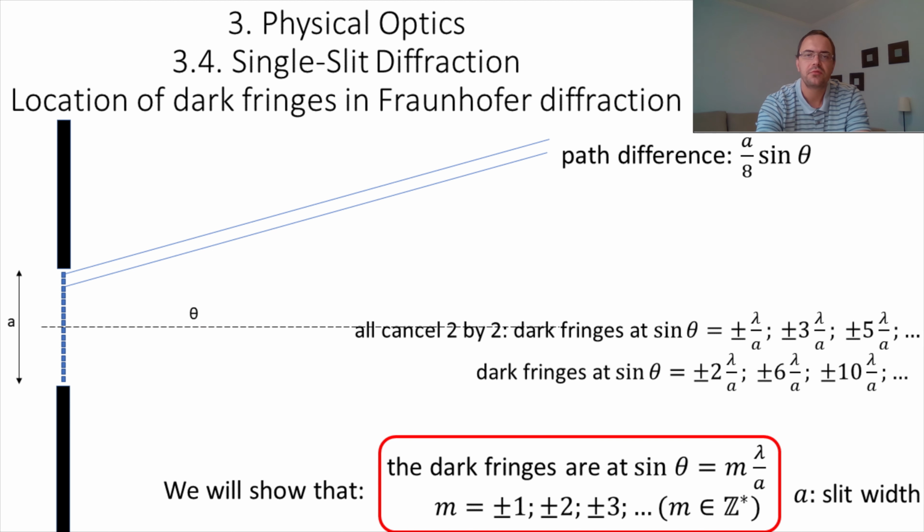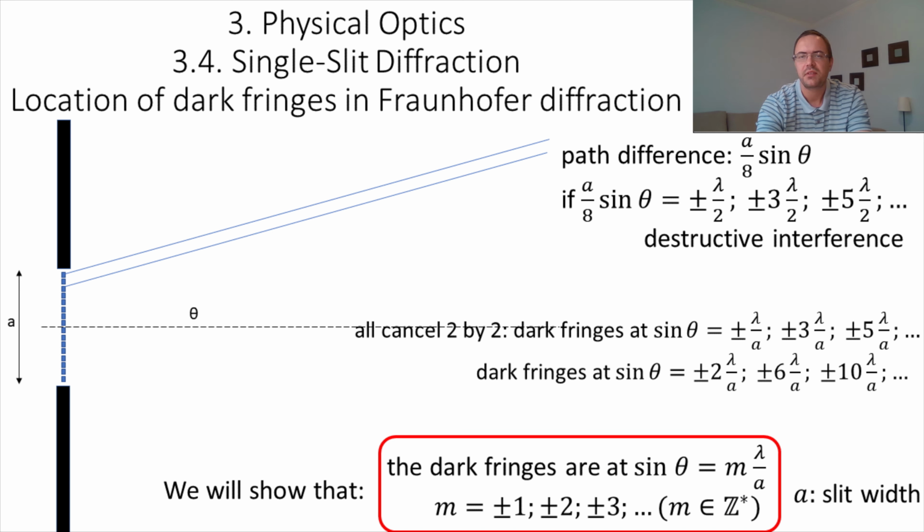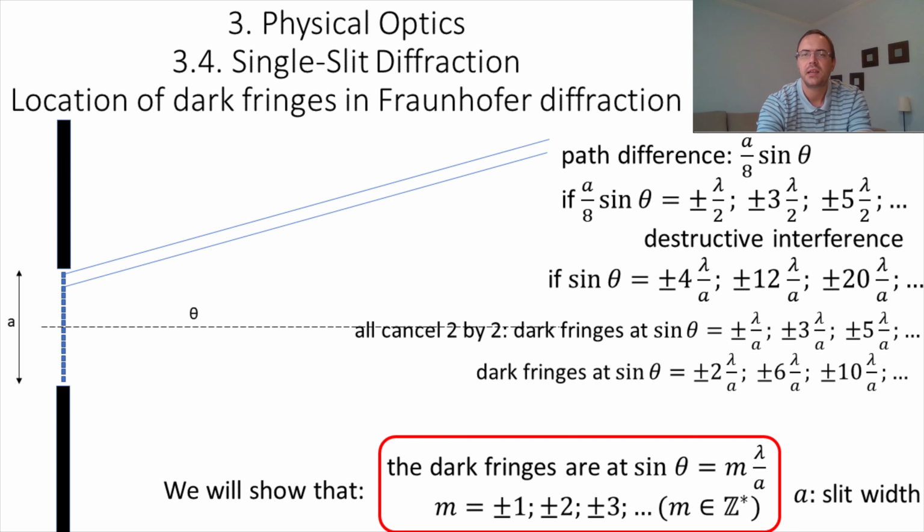Right? But we can continue dividing this slit into more smaller sources. Right? So let's consider, again, two rays that are separated, this time by a over 8. In that case, the path difference is a over 8 sine theta, and they will produce destructive interference if the path difference is, again, plus or minus lambda over 2, 3 lambda over 2, 5 lambda over 2, and so on, which we will rewrite as sine theta is equal to plus or minus 4 lambda over a, plus or minus 12 lambda over a, plus or minus 20 lambda over a.